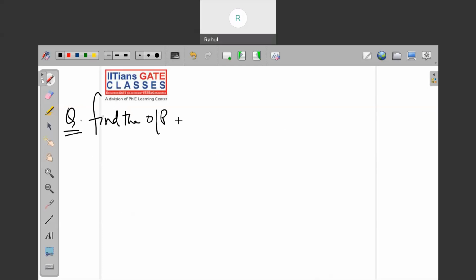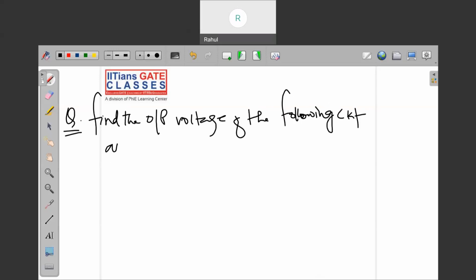Find the output voltage of the following circuit, assuming ideal op-amp behavior, right?